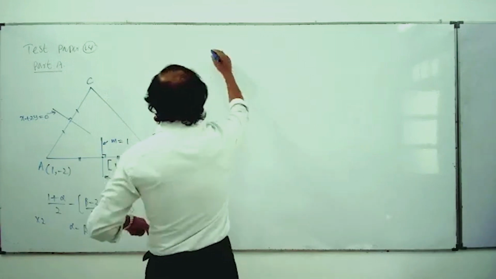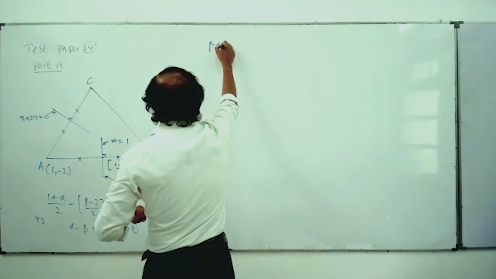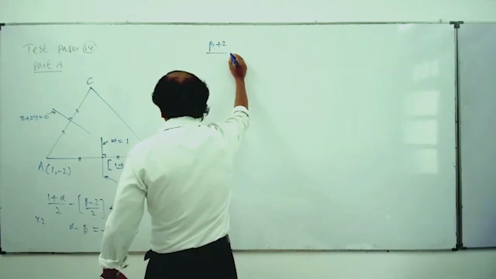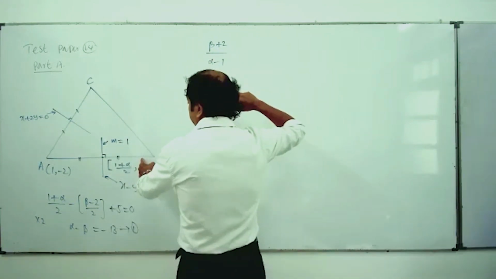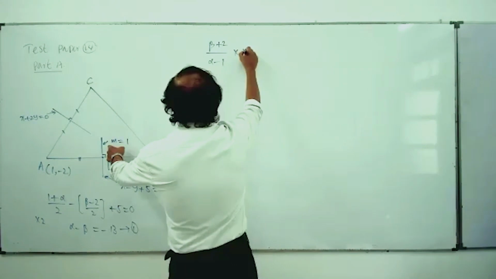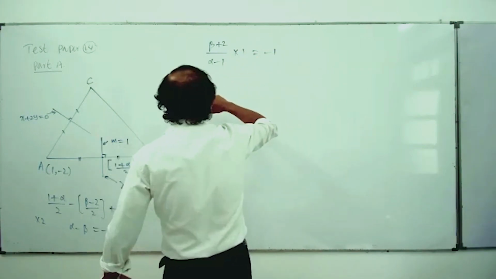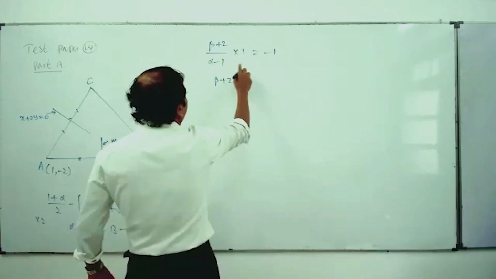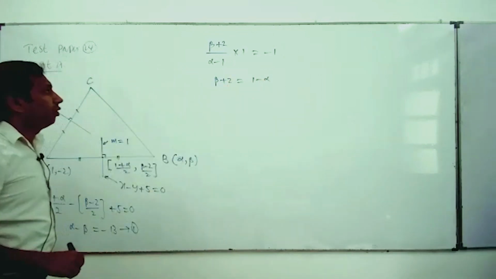The difference of y coordinates, beta plus 2, divided by the difference of x coordinates, alpha minus 1. This gradient multiplied by this gradient should be equal to minus 1 because AB and this line are perpendicular. Thereby, you can take another equation. This way, from the multiplication we get 1 minus alpha.